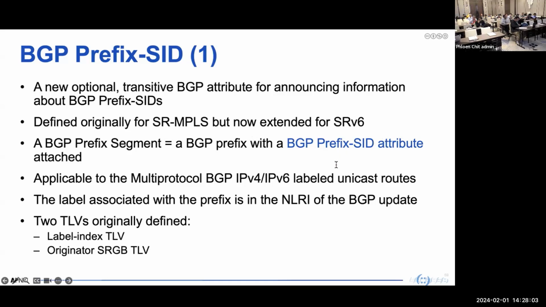This is applicable to MP-BGP IPv4 or IPv6 labeled unicast prefixes. The label associated with the prefix is encoded in the NLRI of the BGP update using two BGP type-length-values, or TLVs: the label index TLV and the originator SRGB TLV.